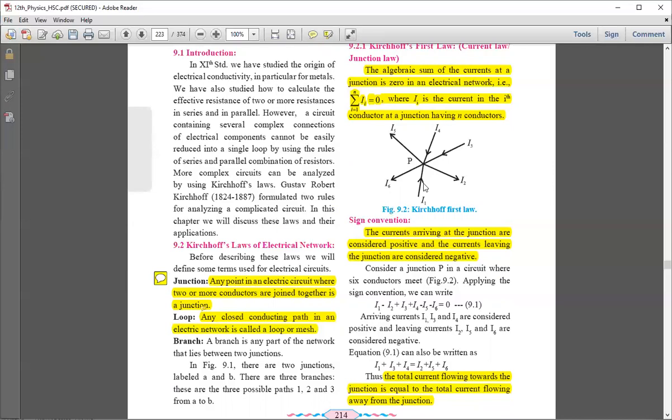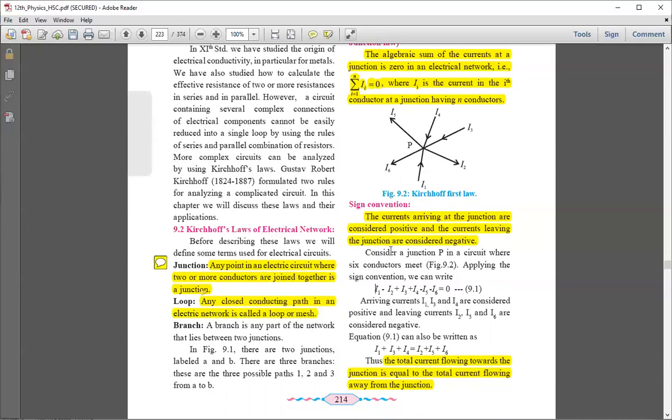No need to memorize all these things, this is a simple thing. Just consider any junction and directly write down, applying Kirchhoff's first law at junction P, with the sign convention you have mentioned in short, or write down the currents which are considered positive and negative as it is written here also. Okay, so just show up to here.